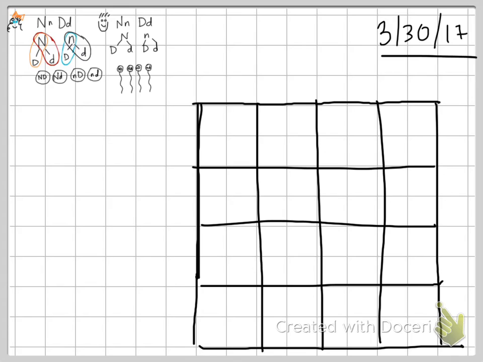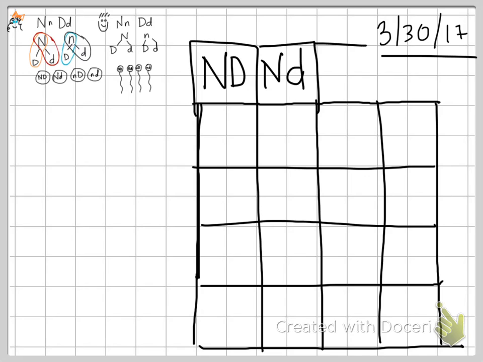Okay, so what I'm going to have to do is put one of each of the possible gamete combinations across the top in each column. So these are my eggs: big N, big D; big N, little d; little n, big D; little n, little d. That's the mother's potential contributions.